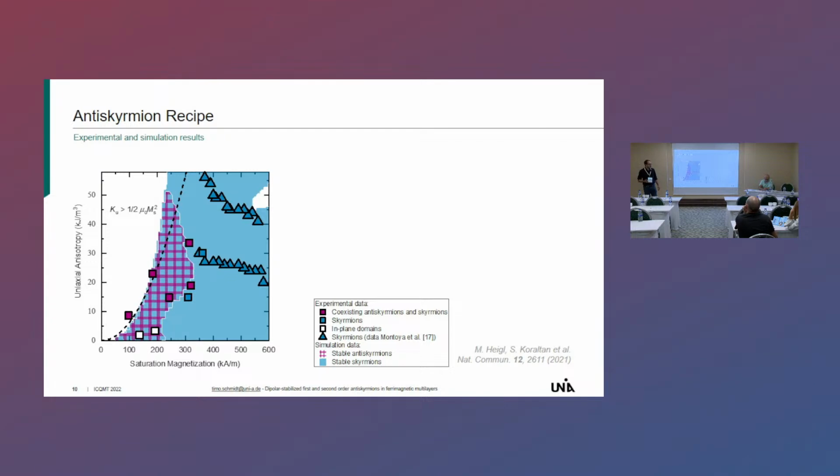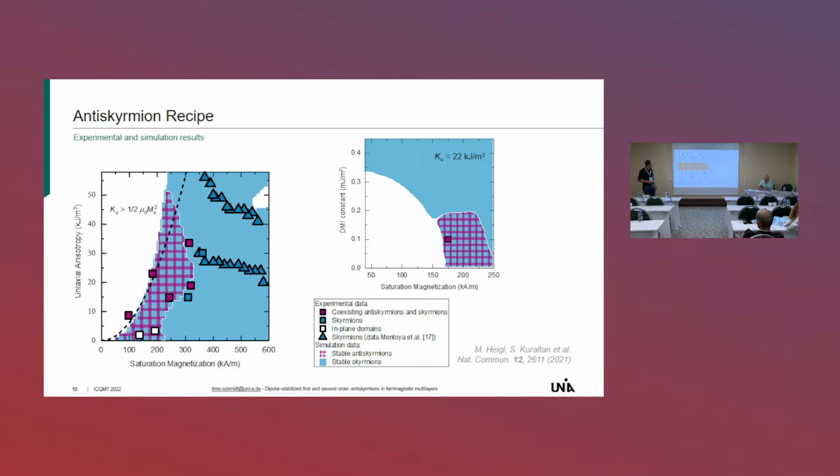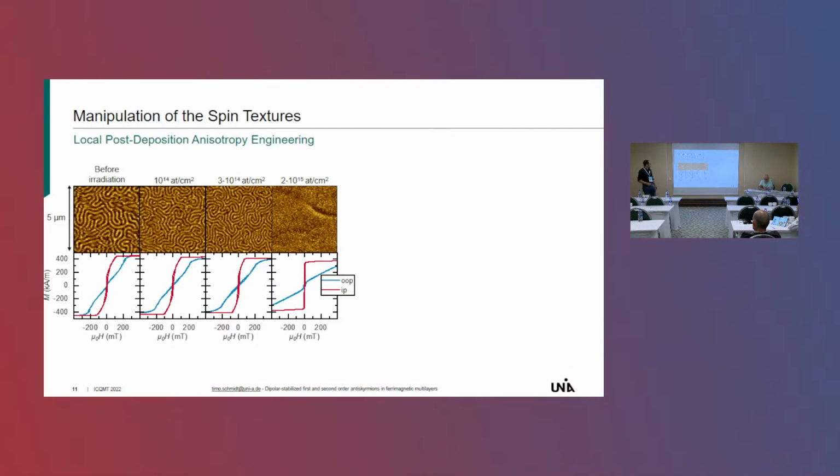But is there a way, for example, if we make a sample and we see, okay, it is up here, like 40 kilojoules per cubic meter and 200 kiloamperes per meter, so we would be out of that pocket. Is there a way to do that after deposition, to somehow shift that down or to the side to get into that phase pocket? And the answer is yes, we try to do that with local post-deposition anisotropy engineering.